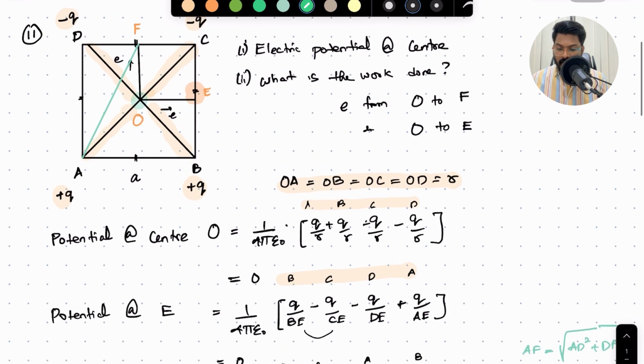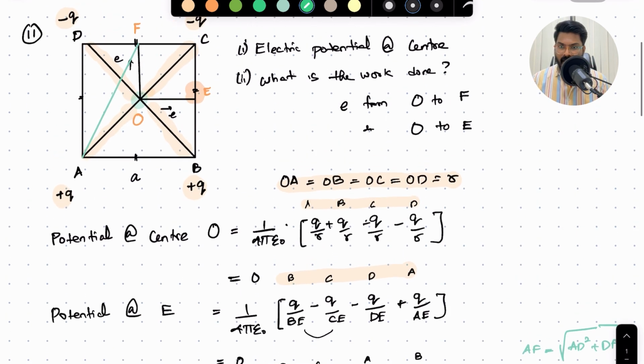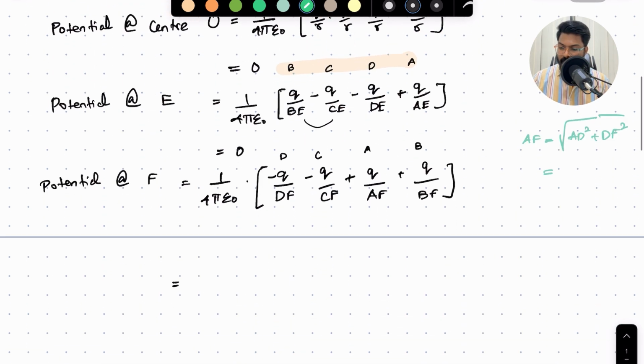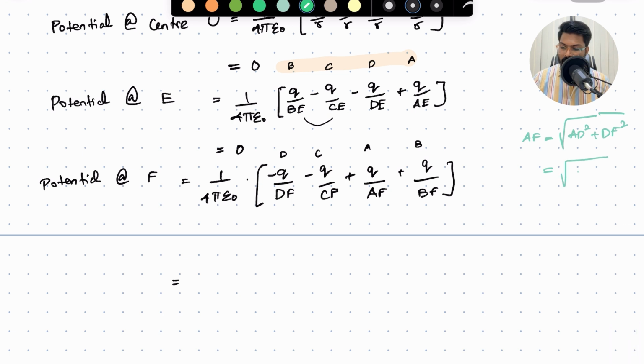AD is A and DF is A by 2. Square root of A square plus A square by 4, which is equal to square root of 5A square by 4, or root 5A by 2.